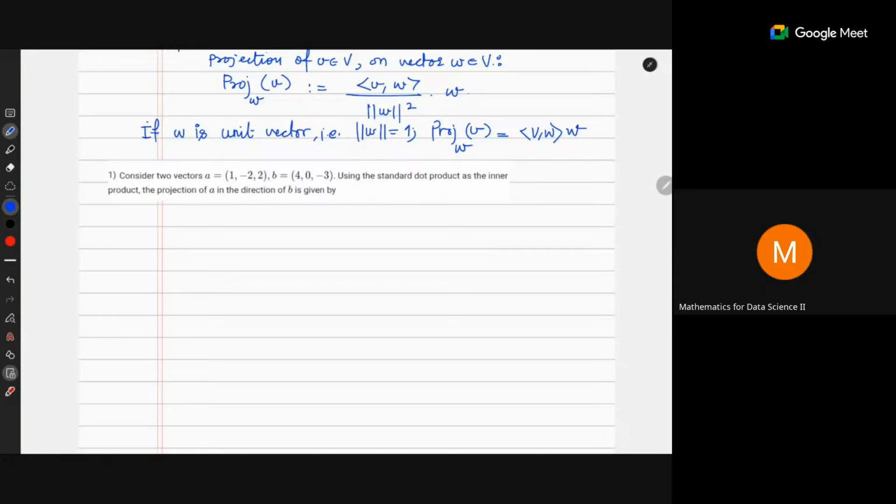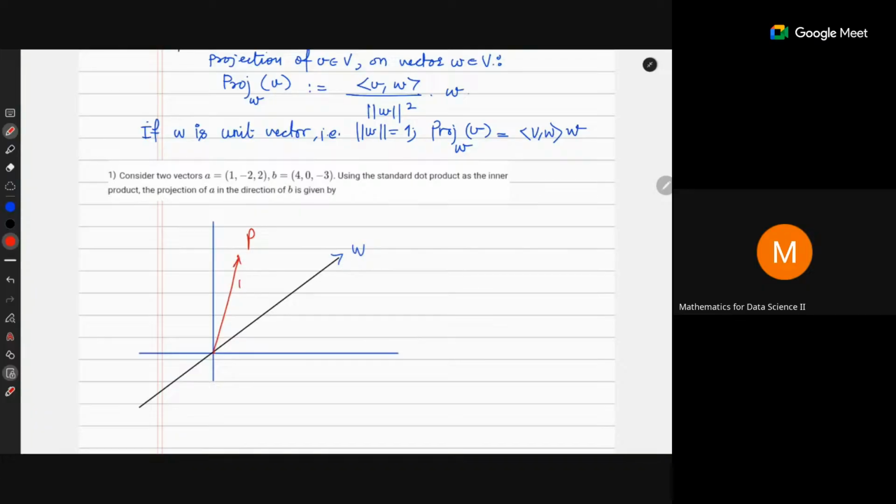Say you are in R2, and there is a line passing through. This is the subspace W, and then there is a point P. So point P is a vector in R2.